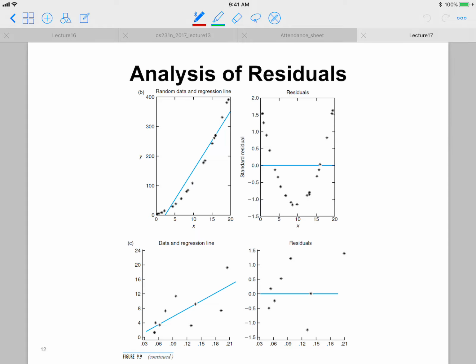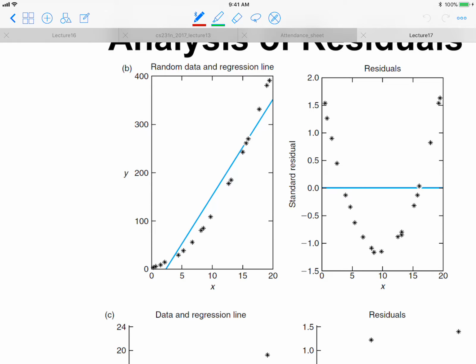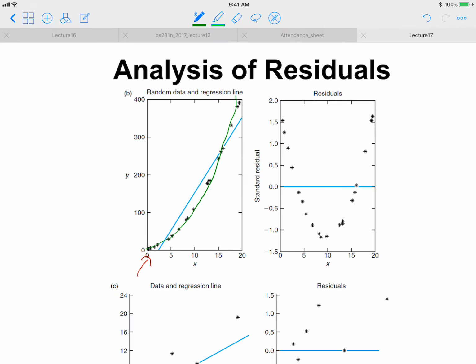But what if our data was given in this form? Intuitively, we can see that the fitted line should be a quadratic line or hyperbolic kind of shape, right? Not a linear shape. So in this case, let's see how these errors are shown. We fit the linear regression line anyway, and it has this kind of weird shape, right?